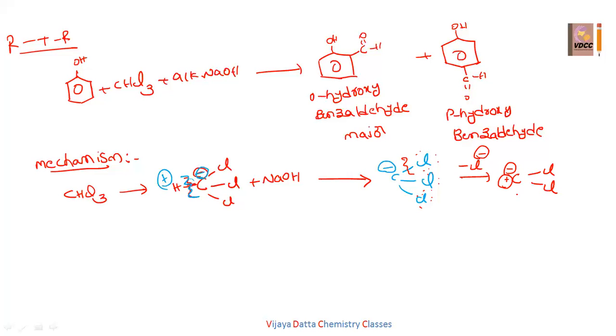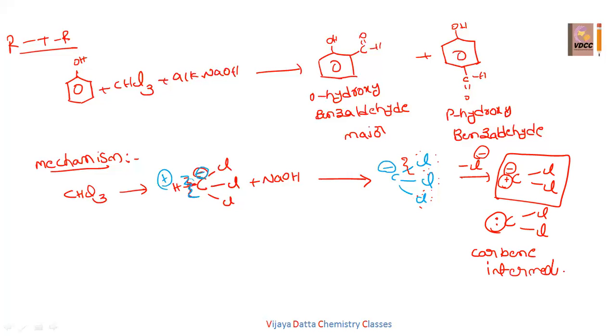One positive charge and one negative charge can be written directly as a lone pair, with chlorine and chlorine. This is called the carbene intermediate. Now this acts as the reactive species to participate in the reaction mechanism.